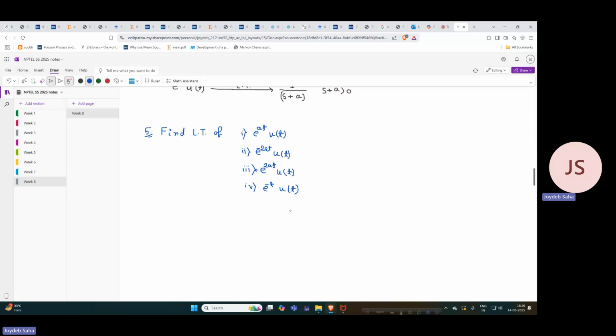So you people take 2-3 minutes and try to solve this. First try to understand what is asked in the question and write, then try to solve. If you can solve, just match the answer with mine, and if you cannot, I will solve it for you.